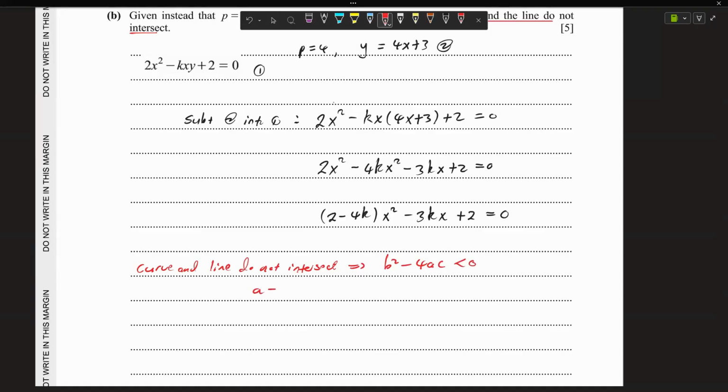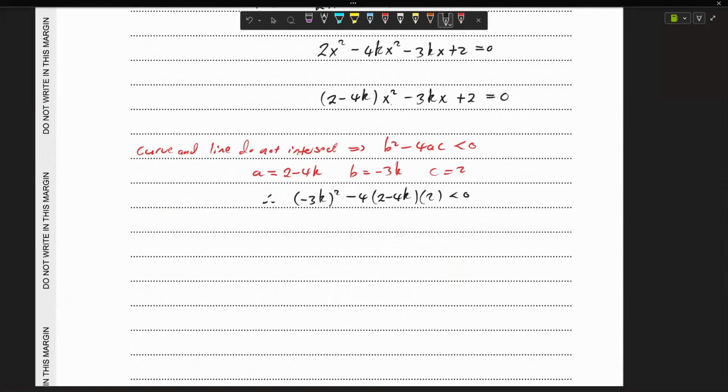And a, in our case, is 2 minus 4k, right? B is minus 3k, and c is 2. So, therefore, b squared, which is negative 3k, minus 4a, which is 2 minus 4k, and c, which is 2, right, should be less than 0.